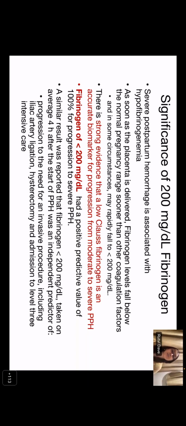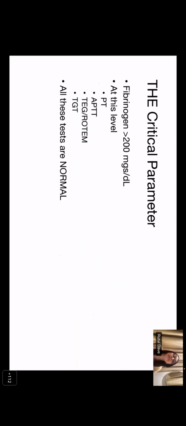A similar result is reported by another study, which shows that a fibrinogen of less than 200, taken on an average 4 hours after the start of PPH, was an independent predictor of need of an invasive procedure, including an obstetric hysterectomy. So the critical parameter to consider is to maintain a fibrinogen of more than 200 milligrams per deciliter.